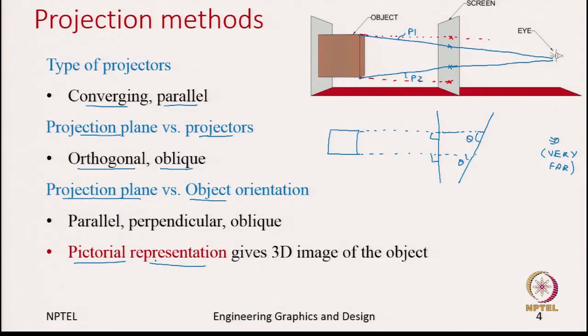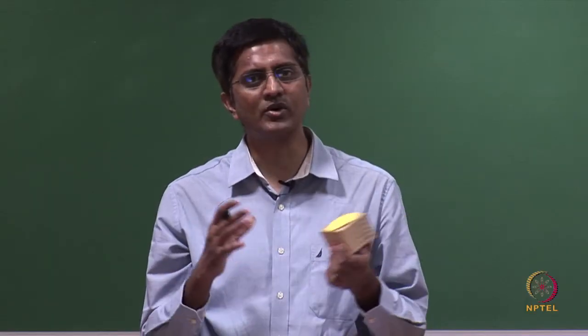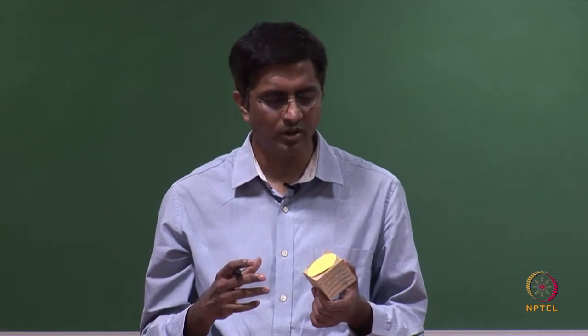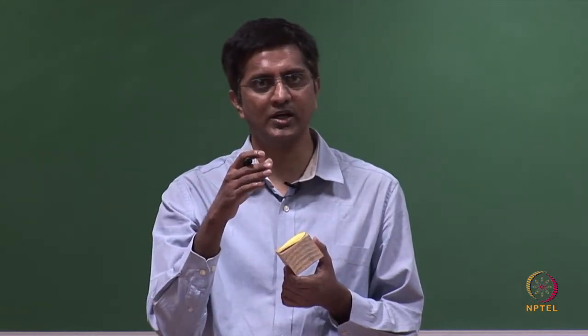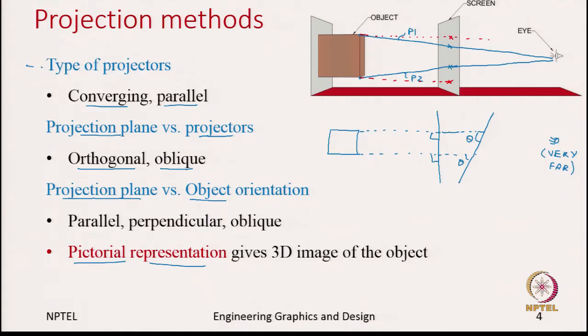So, what we have learnt in this slide is that there are several ways we can do these projections. First, depending on the type of projectors, whether they are converging or parallel. Second, depending on the plane, whether it is orthogonal or oblique to the projector rays.